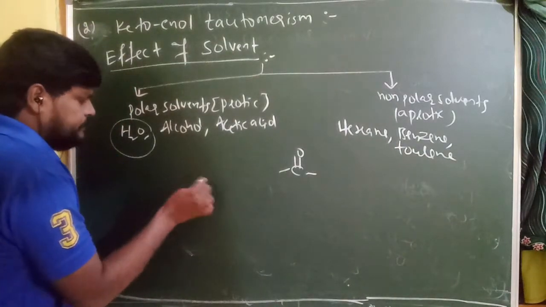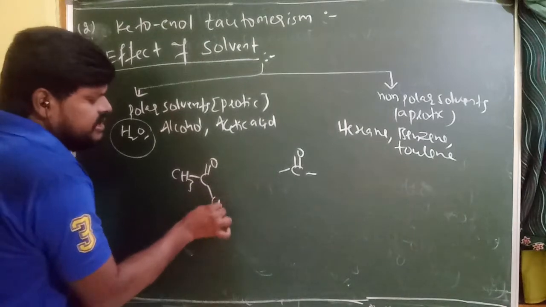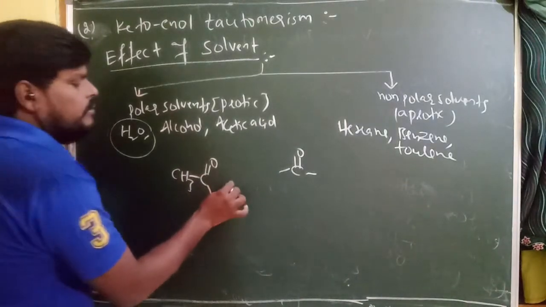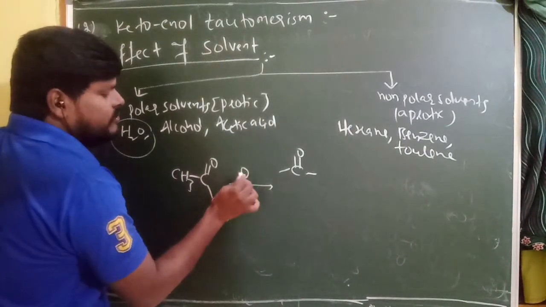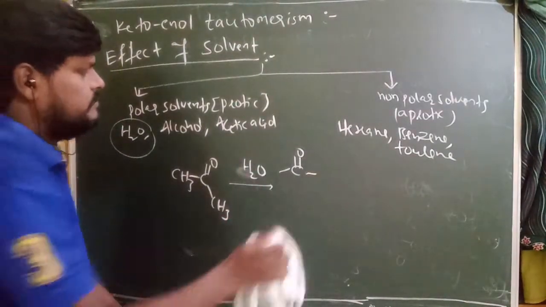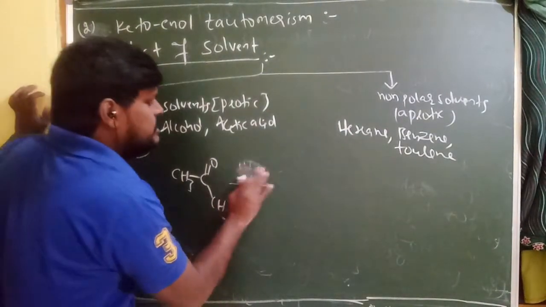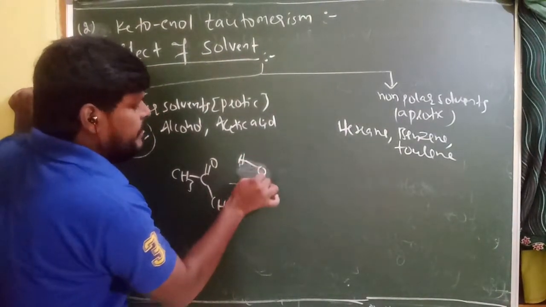So here, take a simple ketone, CH3 C double bond O, right? And along with water. So water means H2O, right? H2O structure, yes, it is a bent structure.